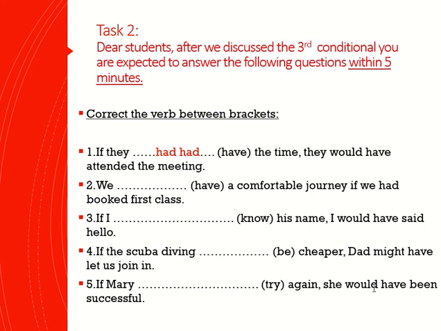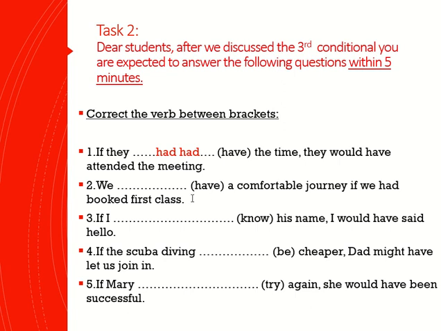Okay, correct the verb between brackets. If they had the time, they would have attended the meeting. Had. Here we have past perfect. We have had plus verb 3. The verb 3 of have is had. So we have here had. The second sentence. We would have a comfortable journey if we had booked first class. Here, if it's in the middle of the sentence, also, this is a third conditional sentence.